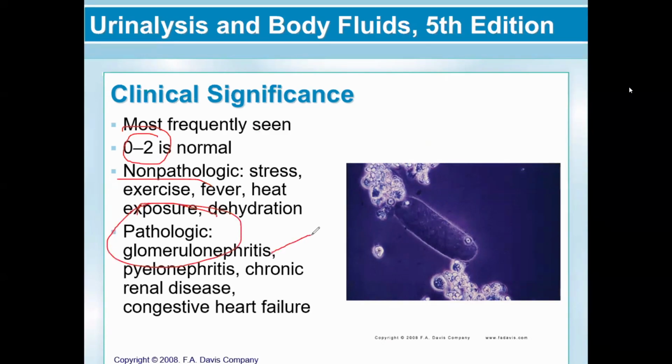In glomerulonephritis, in infections like pyelonephritis, ulitin ko ha, pyelonephritis. Walang cystitis. Bakit? That's after the kidney. It only involves yung bladder natin. Kasi yung cast, sa kidney na-form. Okay? So, chronic renal disease and in congestive heart failure.